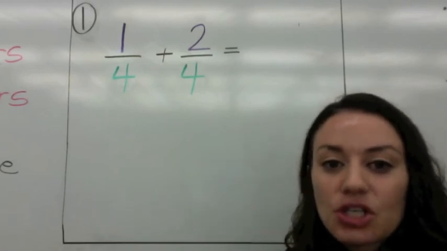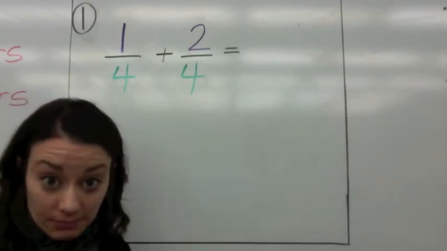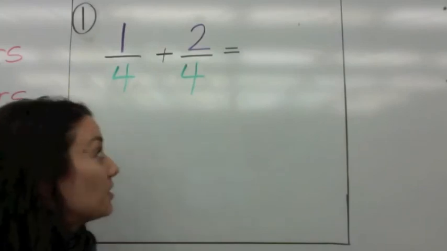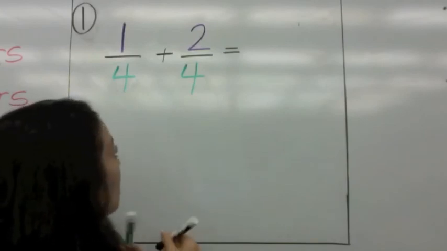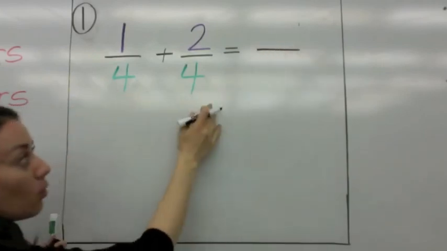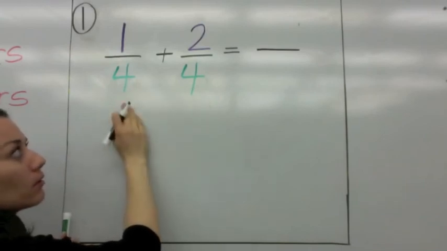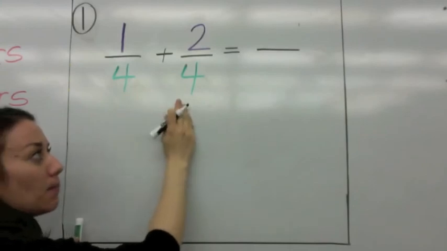Okay, so the simple way to do this, like I said, if the denominators are the same, I want you to go ahead and keep the denominator the same. If this is 4 and this is 4, if you're adding fourths, 4 and 4, they're going to be same, same, same.